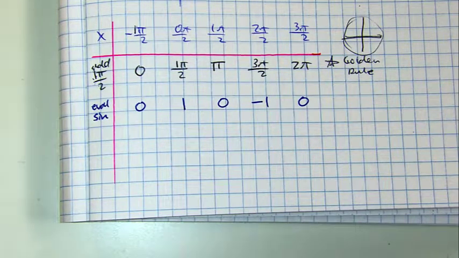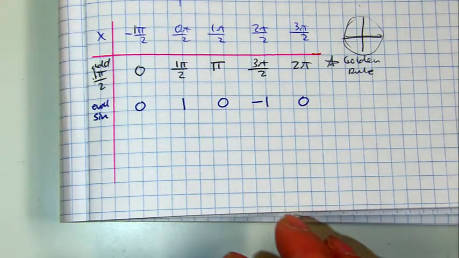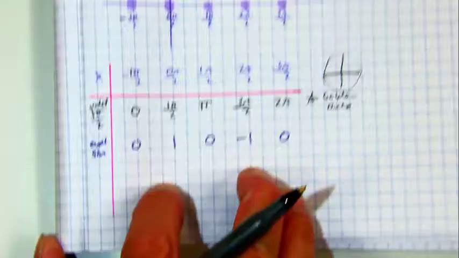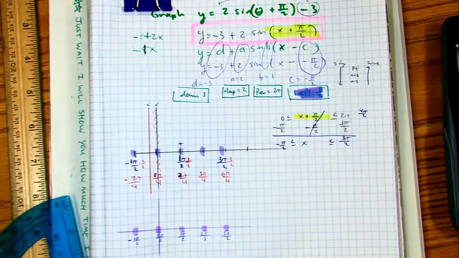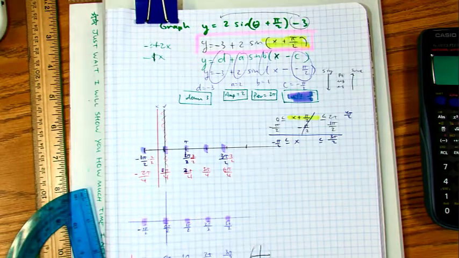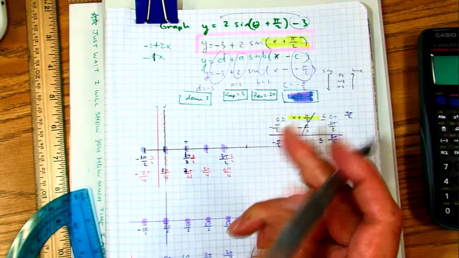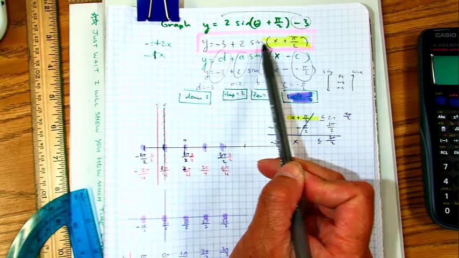Partner B, tell partner A, what do we do next? Charlotte, what do we do next? Yep.